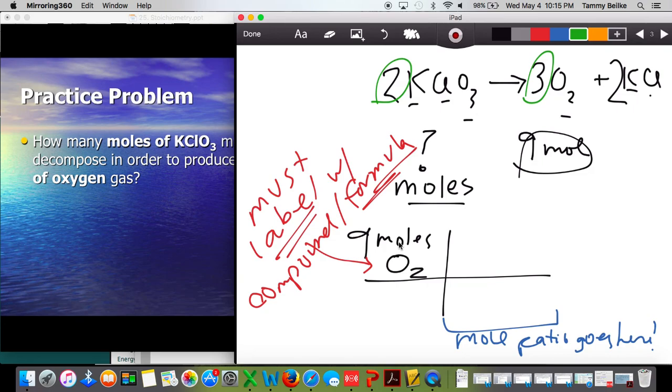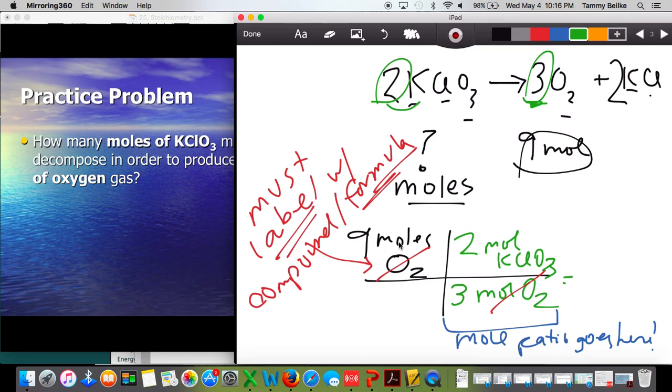Where do they go? The 3 moles of oxygen, because this is my coefficient, the 3, is going to go on the bottom so that the moles of oxygen cancel out. Gone. Now I'm going to take the 2 moles of KClO3 and put them on top. Fortunately, that means my units are going to be moles of KClO3.